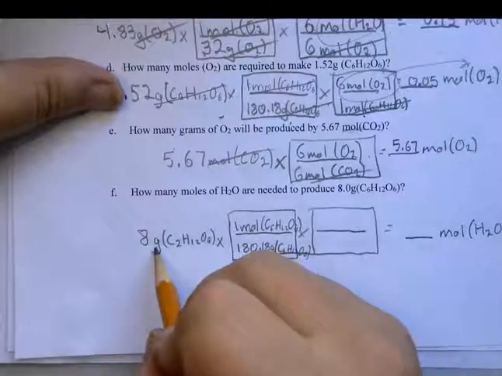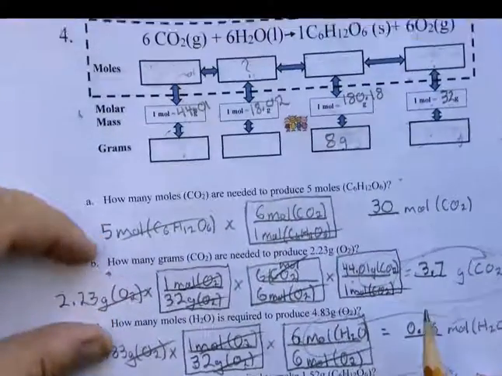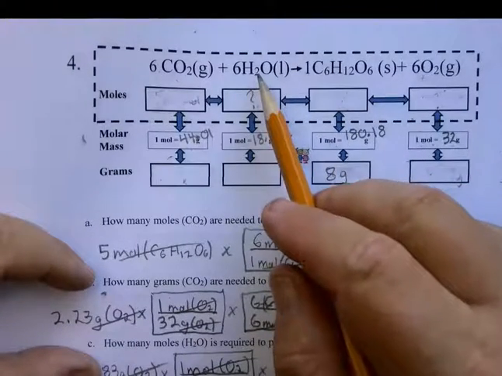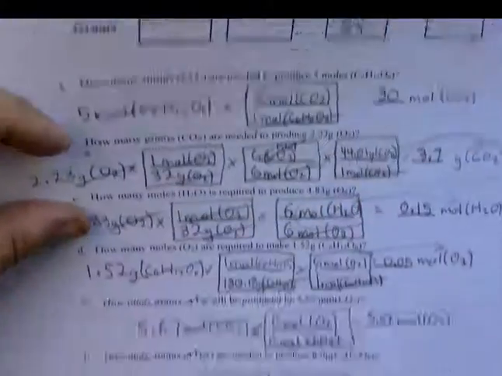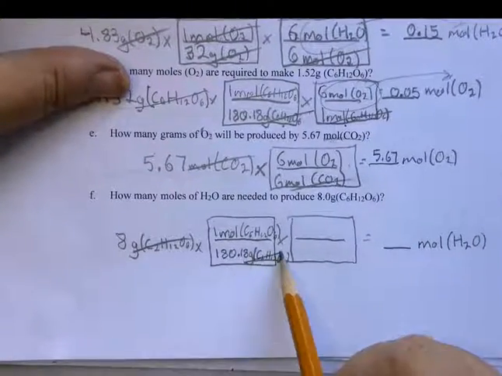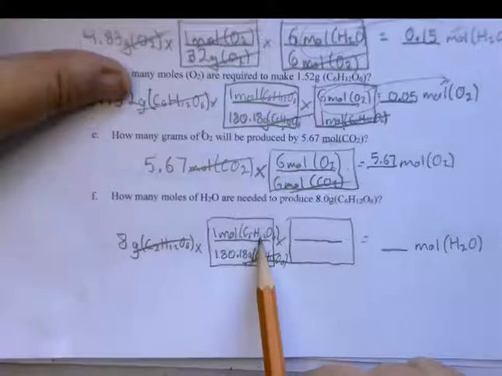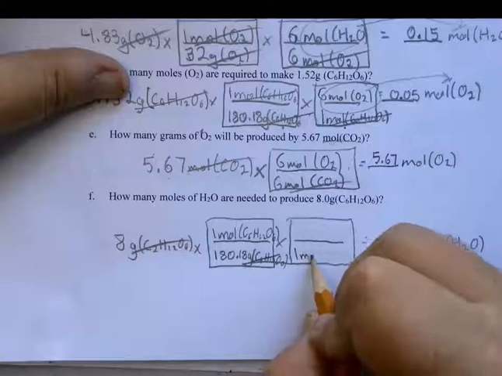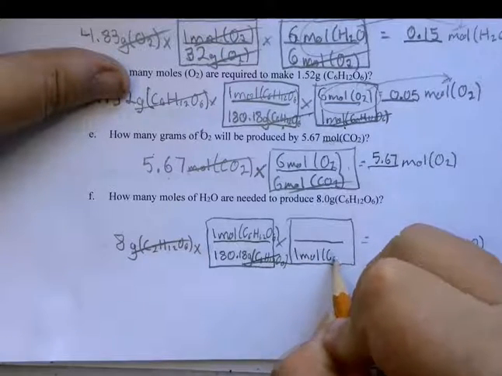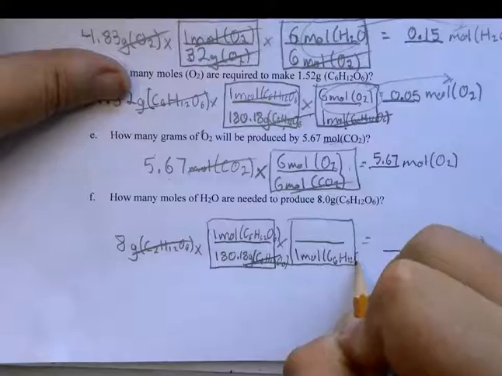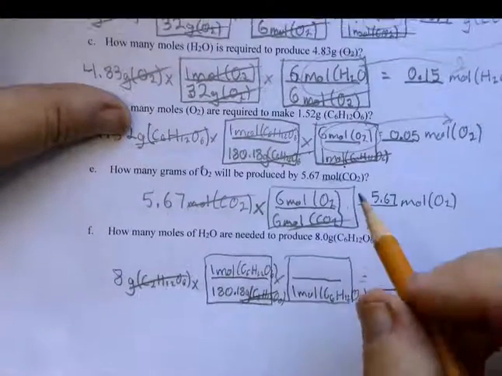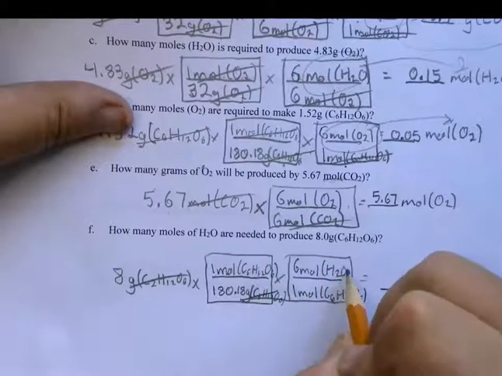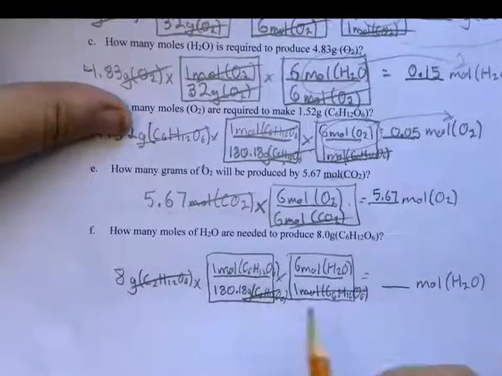Okay, grams of glucose cancels, and now we do our final conversion, which is moles to moles. 1 mole of glucose over 6 moles of H2O, or 6 moles of H2O over 1 mole of glucose. Which one do we want? We want moles of glucose up here, so we need moles of glucose on the bottom. So that's going to be 1 mole. That means we've got 6 moles of H2O up on the top there. So moles of glucose cancels here and here.